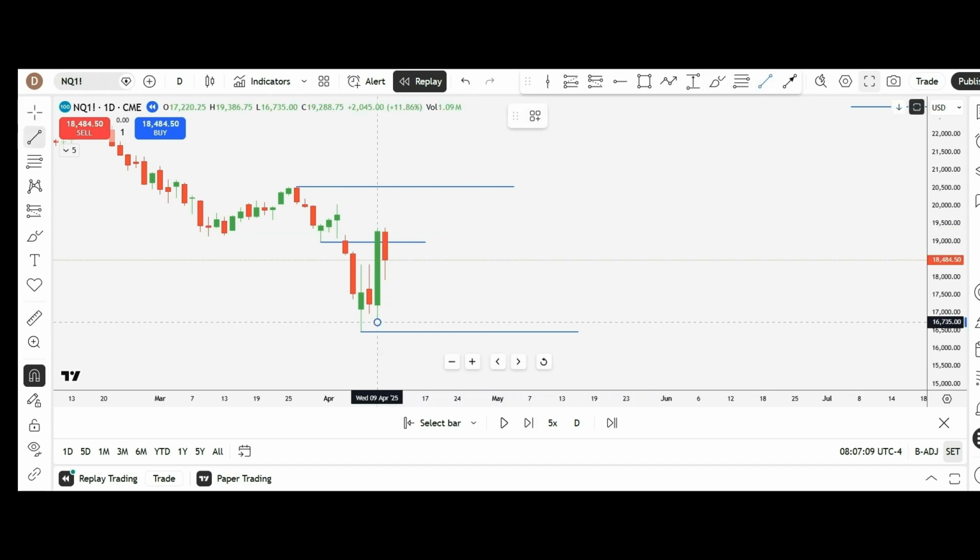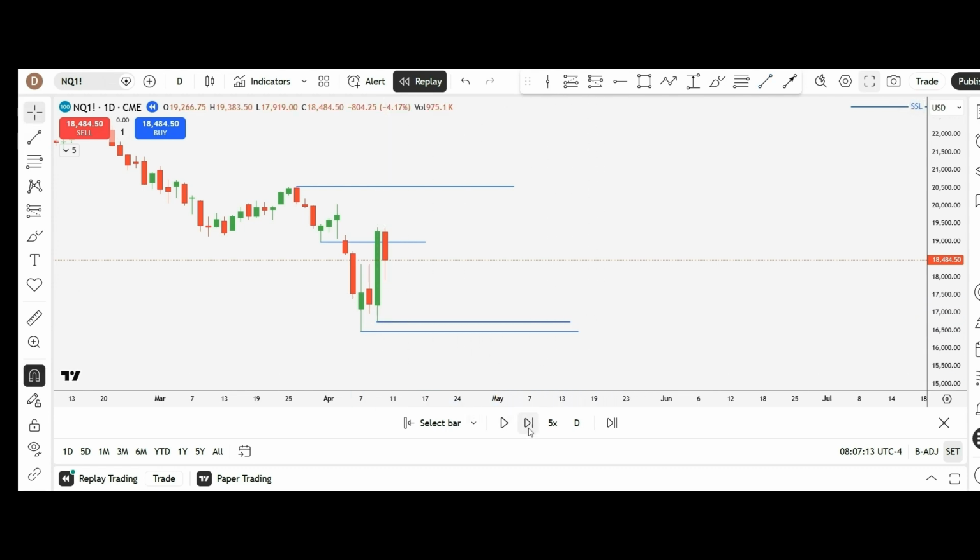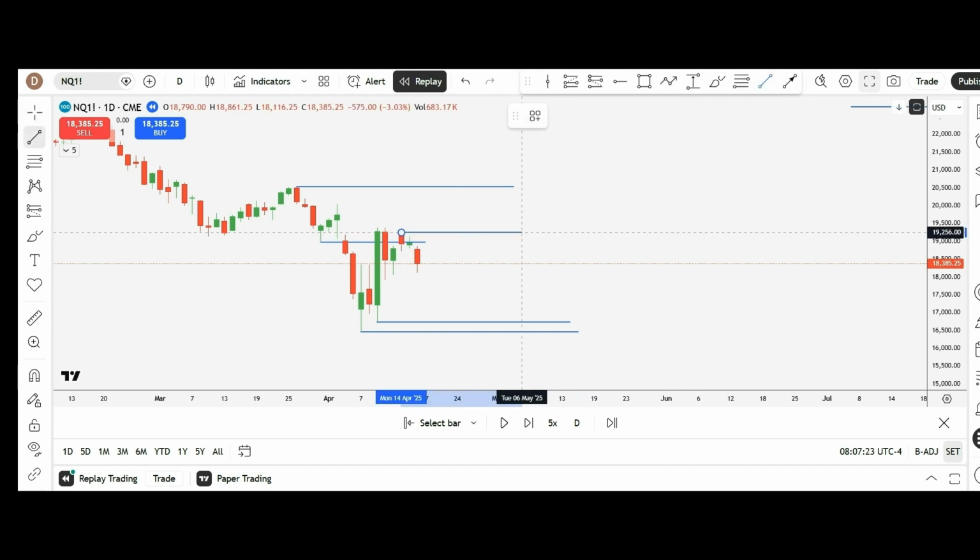So we have another swing low over here. We're moving forward. We have another swing point over here. Remember, this is just a simple exercise to identify, as the chart progresses, where the swing points will be formed. Okay, this is another swing low over here.